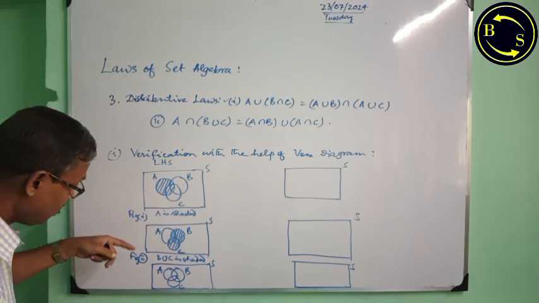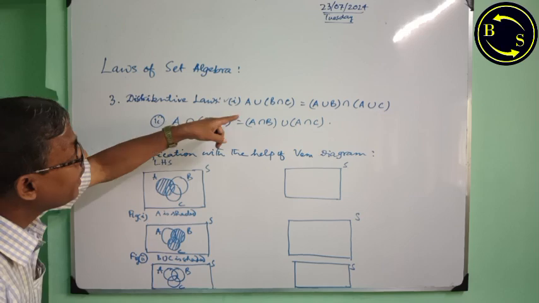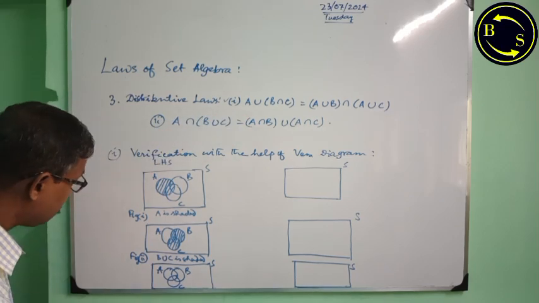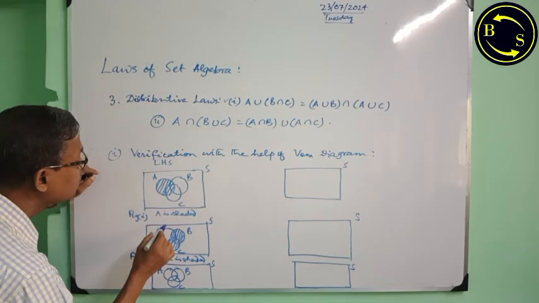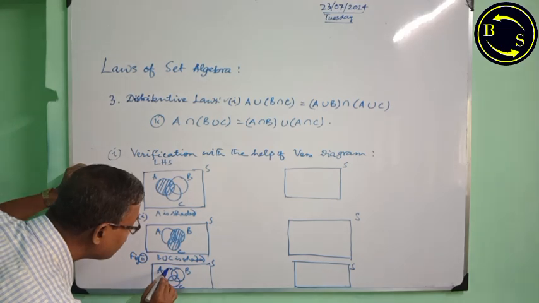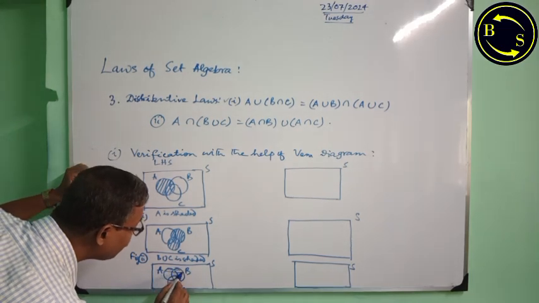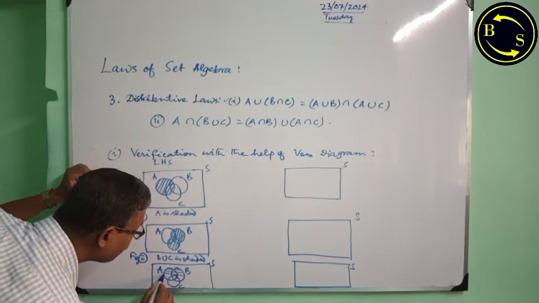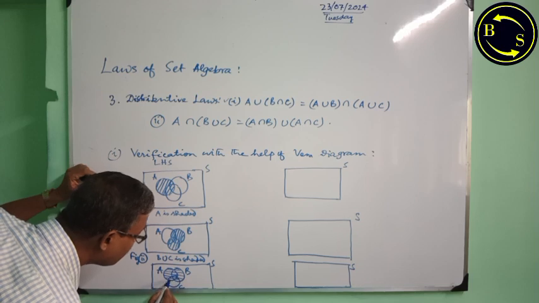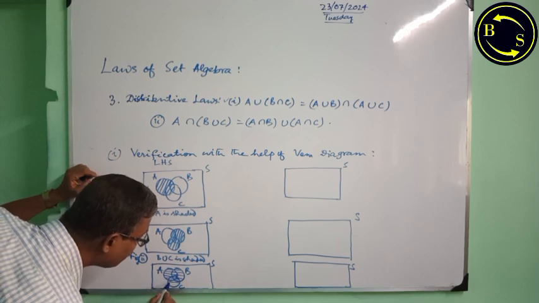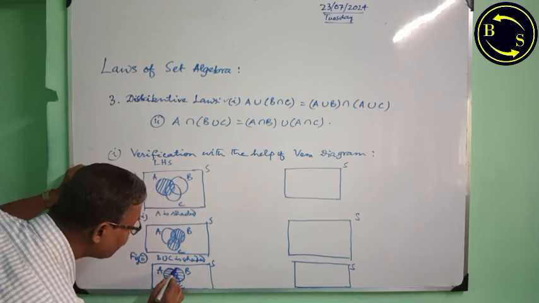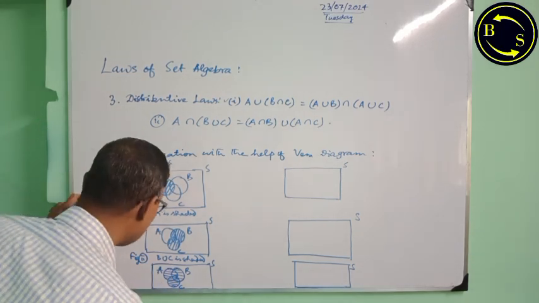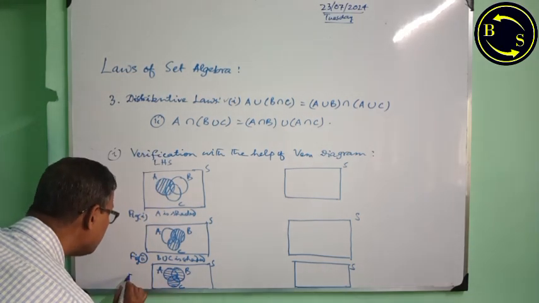What will be A union B intersection C? That means the whole region will be, therefore this is figure 3.